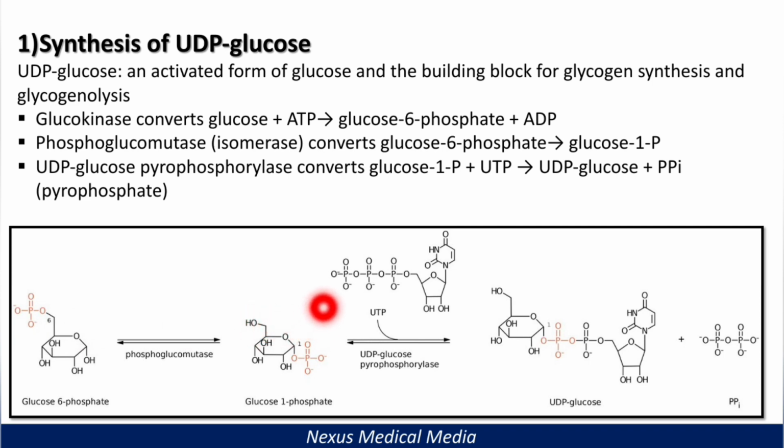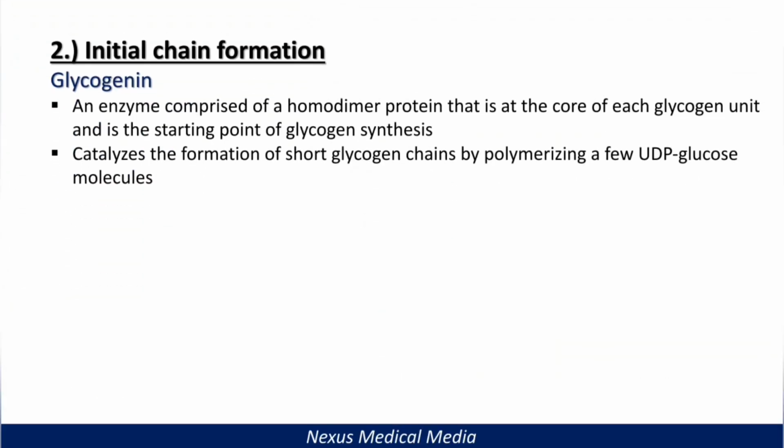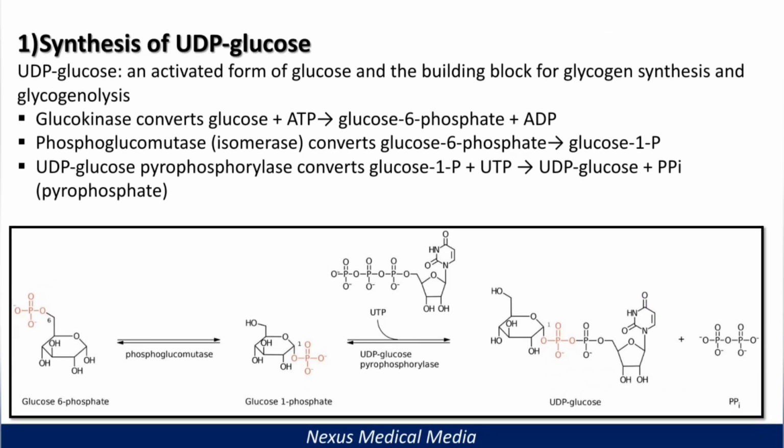Then you take UTP, and if you put it here, it becomes UDP glucose and pyrophosphate. Pyrophosphate is a very important source of energy. If you break this pyrophosphate, you have the energy that you need for these reactions to continue. Now your end product here is UDP glucose.